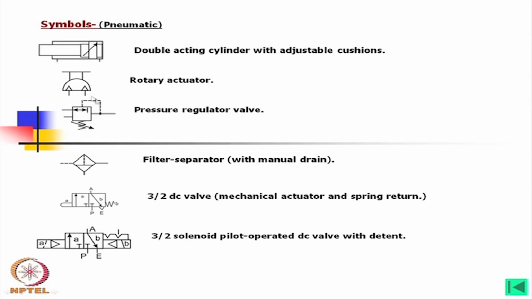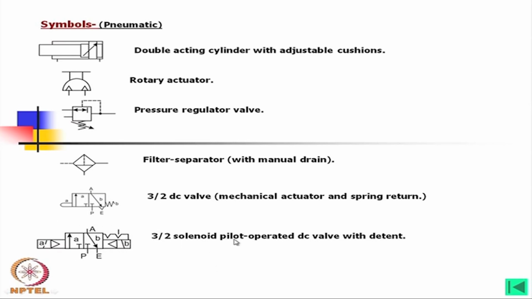Now, the pressure regulator valve looks like this in case of pneumatics, and in pneumatics we need the filter separator. Now, this is a direction control valve, a 3/2 DC valve, but looking into this arrow and this symbol, you can easily identify that this is a pneumatic, not the hydraulic one.